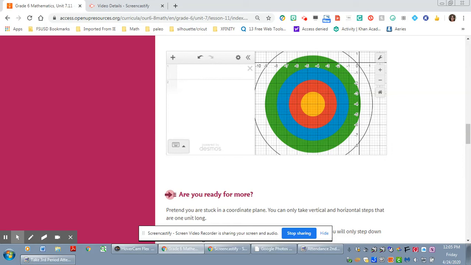it says name the coordinates for a possible landing, so they can be different. So they could be, you could go -2, 1, 2, 3, 4, and that's in the blue, so you would get 6 points.